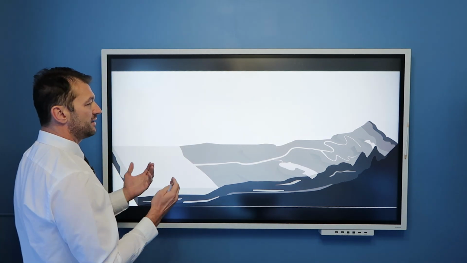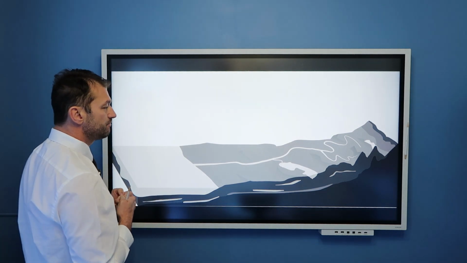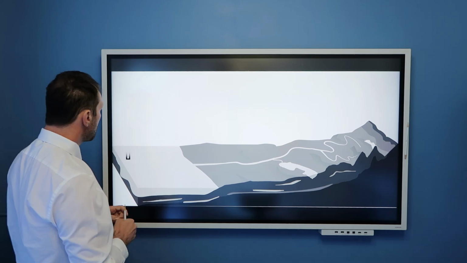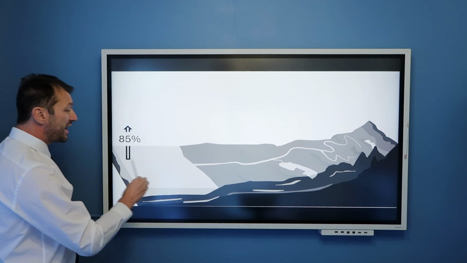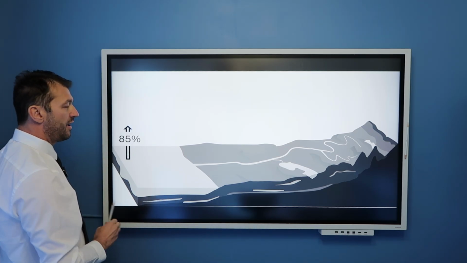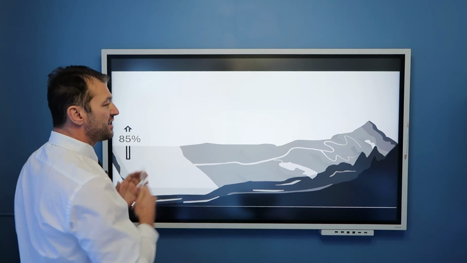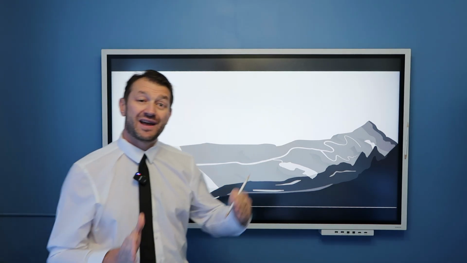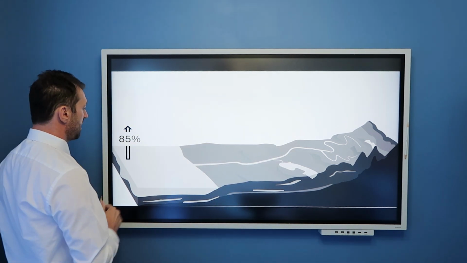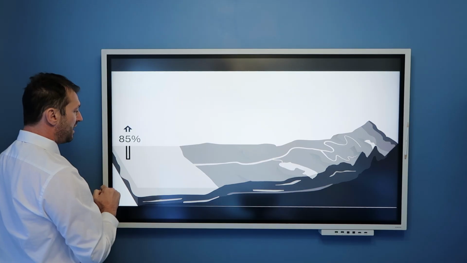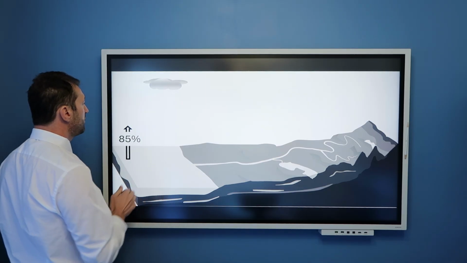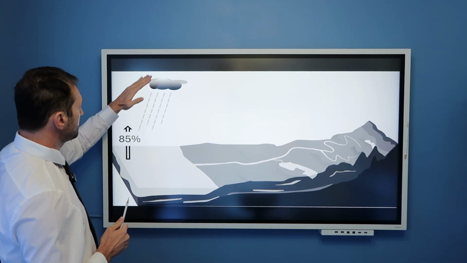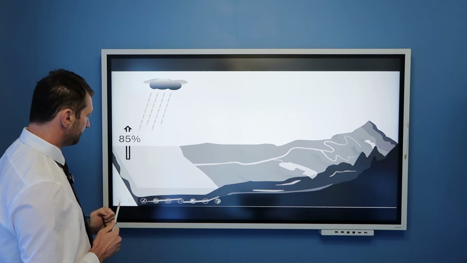Well, we would say that the sun is shining, resulting in evaporation of water from the ocean. Out of 100% of evaporation, 85% of evaporation comes from oceans and seas. Now, this water evaporates in the form of water vapor, and it forms clouds and eventually precipitation.